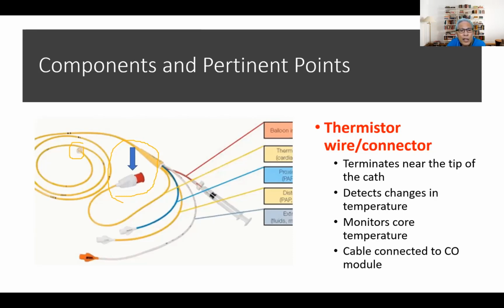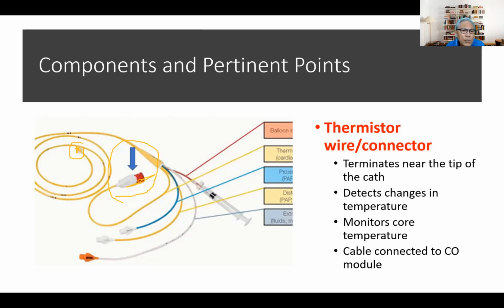It includes a temperature-sensitive wire, and it actually terminates at around 4 centimeters from the tip of the wire. So if this is the tip of the wire, 4 centimeters from it is going to be the thermistor. When you connect the thermistor port, this one right here, to a cardiac output monitor, you therefore allow for determination of cardiac output using thermodilution.